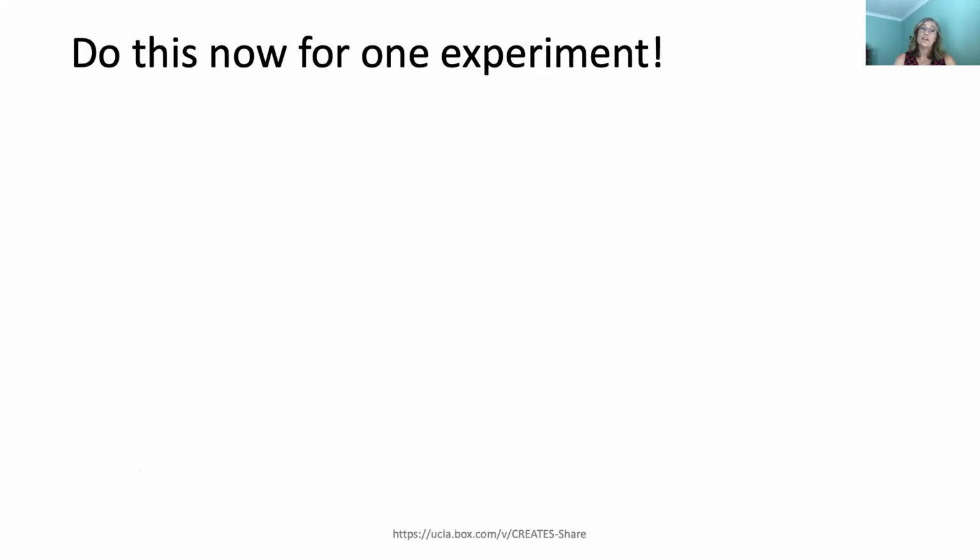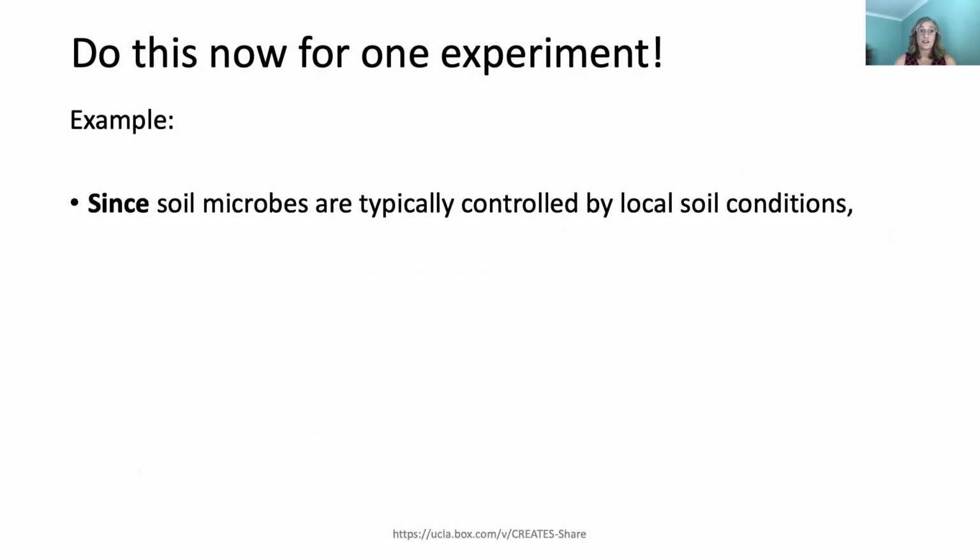All right, so let's see an example for this particular paper. Here's the rationale: since soil microbes are typically controlled by local soil conditions. This is a previous observation in the field of microbiology that local environment drives microbial communities.